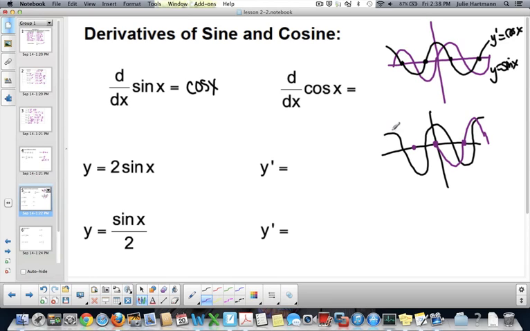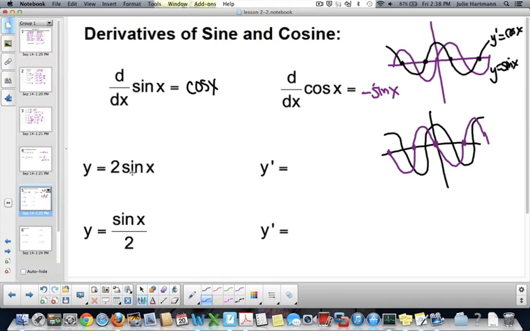And then that's negative. And then there is all positive, like that. Now that is not sine. Don't think derivative of sine is cosine, derivative of cosine is sine. It's not sine, but what is that? Negative sine. Okay, so the derivative of sine is cosine, the derivative of cosine is negative sine.